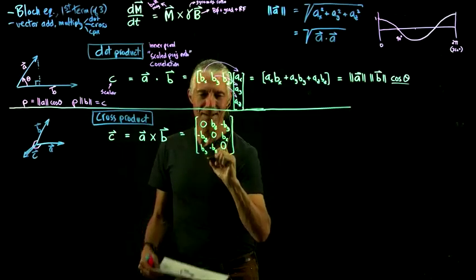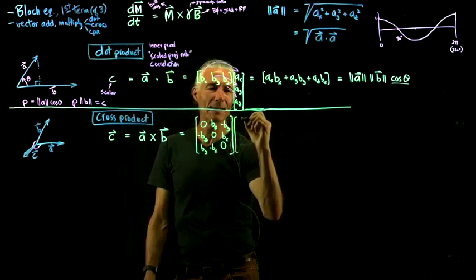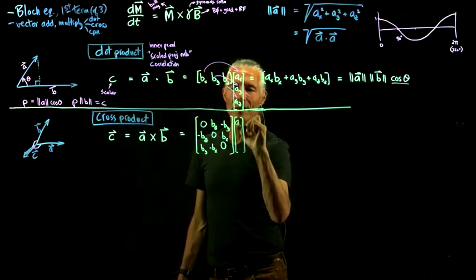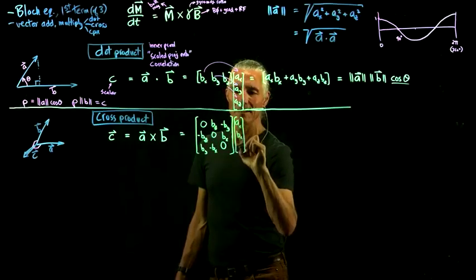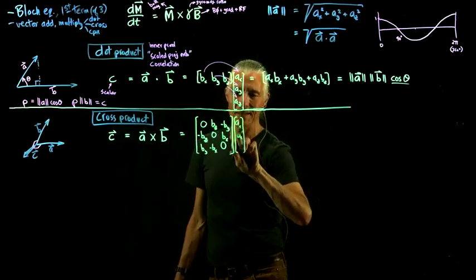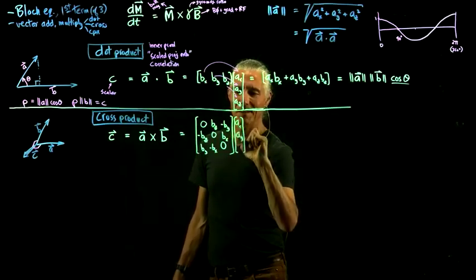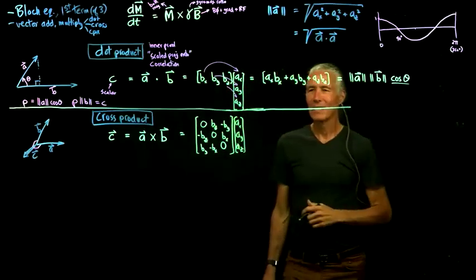So there's our matrix, and we're multiplying that matrix times our a vector. So here's ax, ay, az. Okay, so how do we do that multiplication?